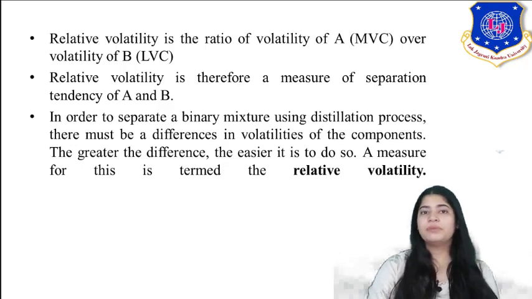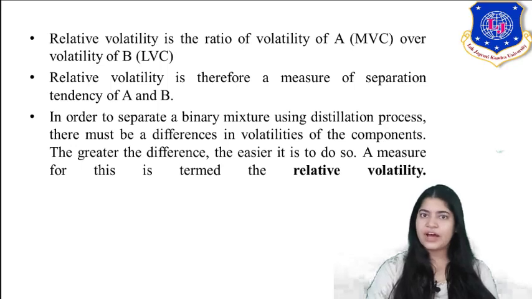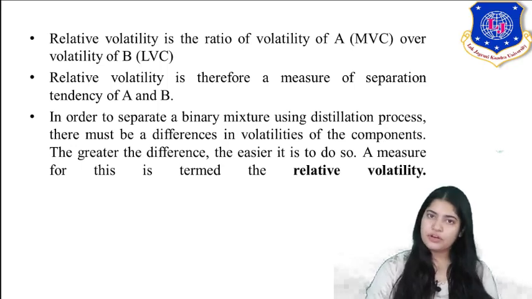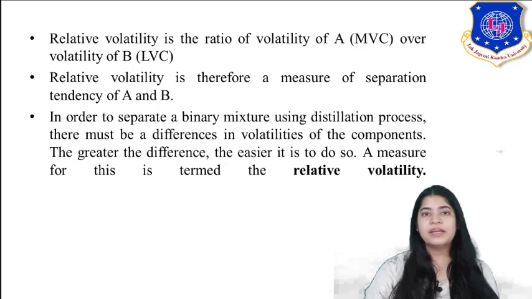Because you are separating volatile components, take the example of crude, which is a mixture of many volatile components. You have to make sure that there is a difference in volatility.